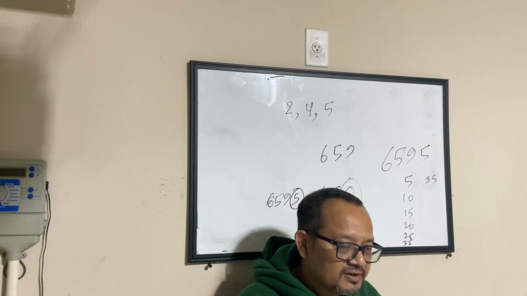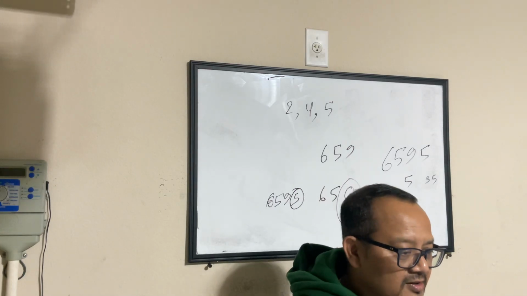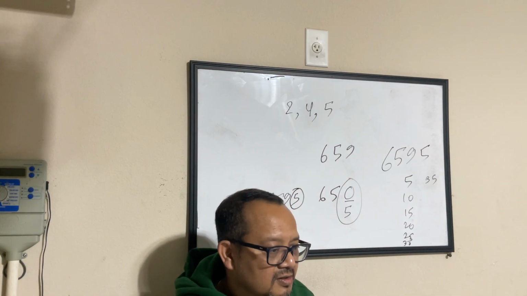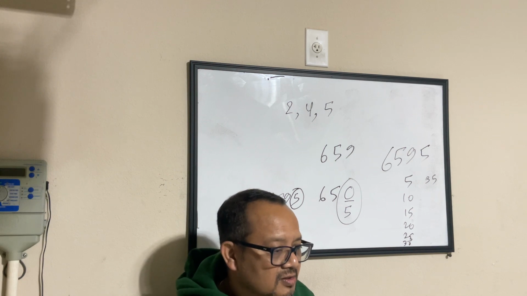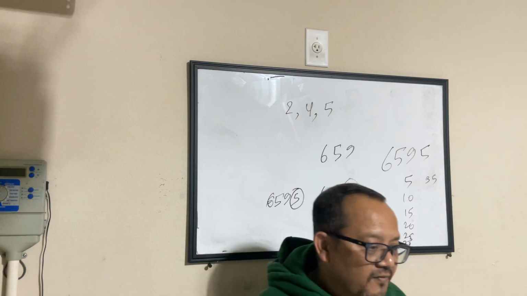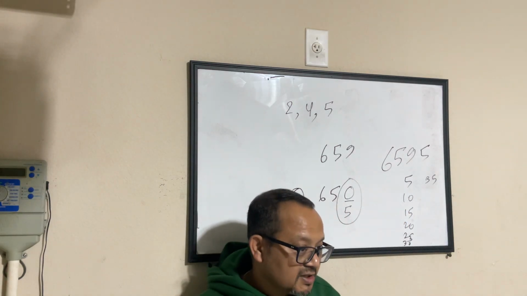Yes, Anvi. Does it have to be a rule? Does it have to be a 5 or a 0 in the units place? 100%. For something to be divisible by 5, it has to have a 0 or 5 in the unit place.